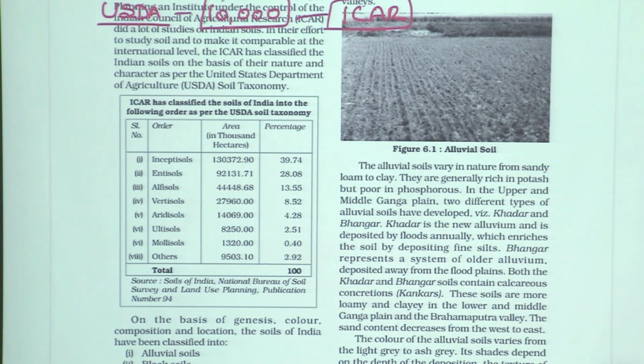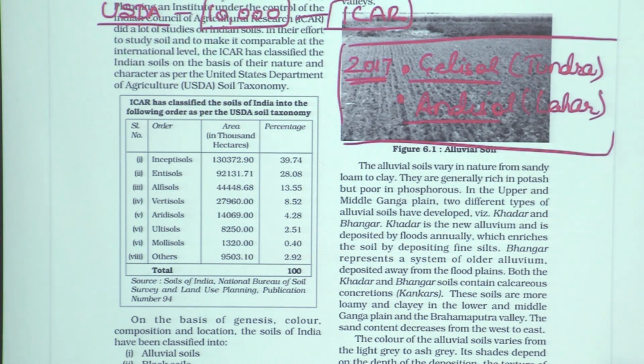Before I talk about it, in 2017, Gelisol, that is tundra soil, and Andisol, that is lahar soil, were added as new names. So you should be aware of them.